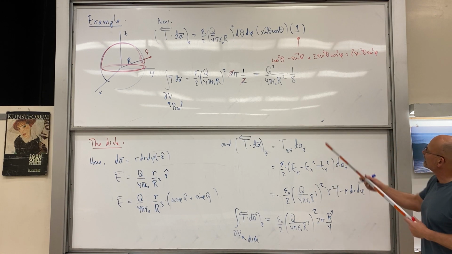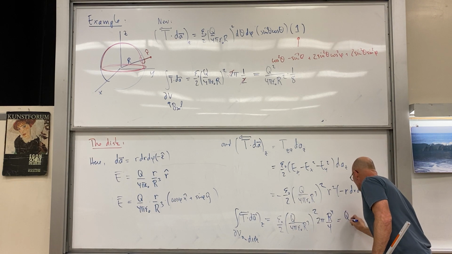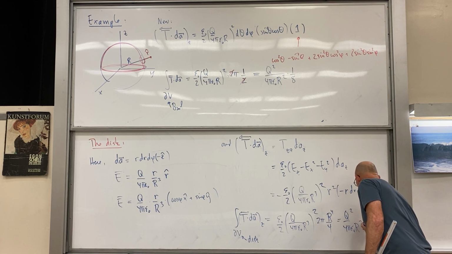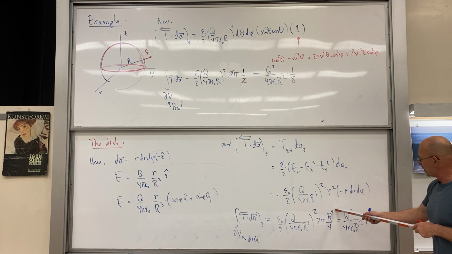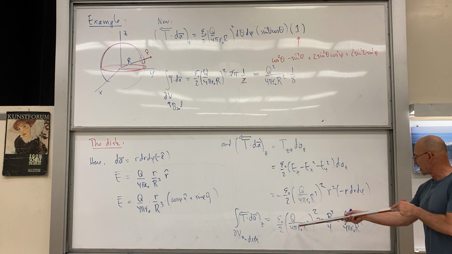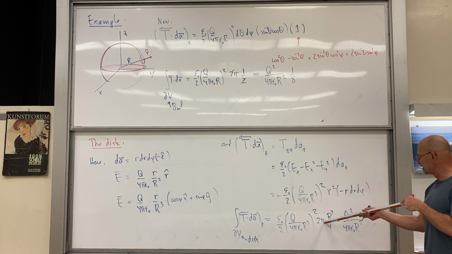So now we just have to clean that up and put it into this form here. So let's see what we have. q squared over 4 pi epsilon naught R squared, right? R to the 4th over R to the 6th, that takes care of that. We've got the q squared. We've got a 4 pi, and that cancels against that pi right there.